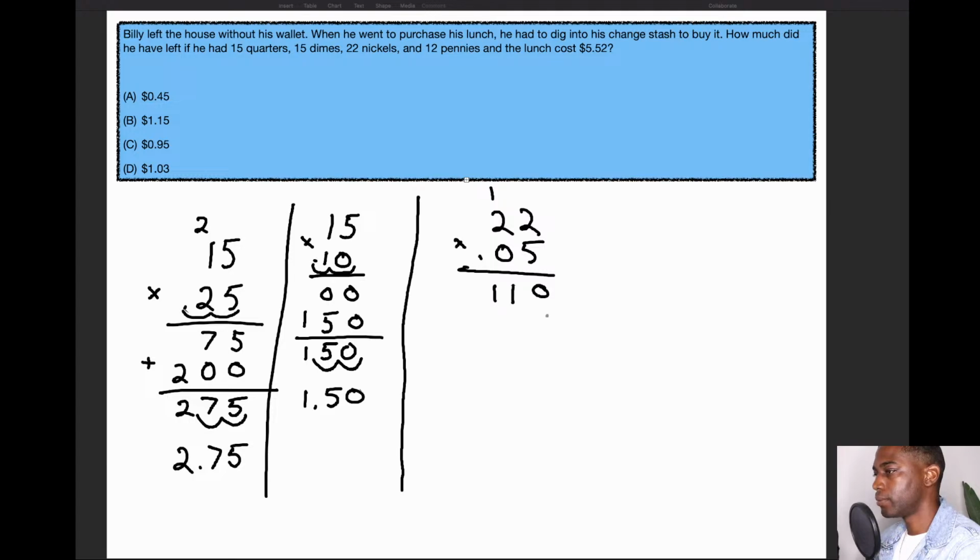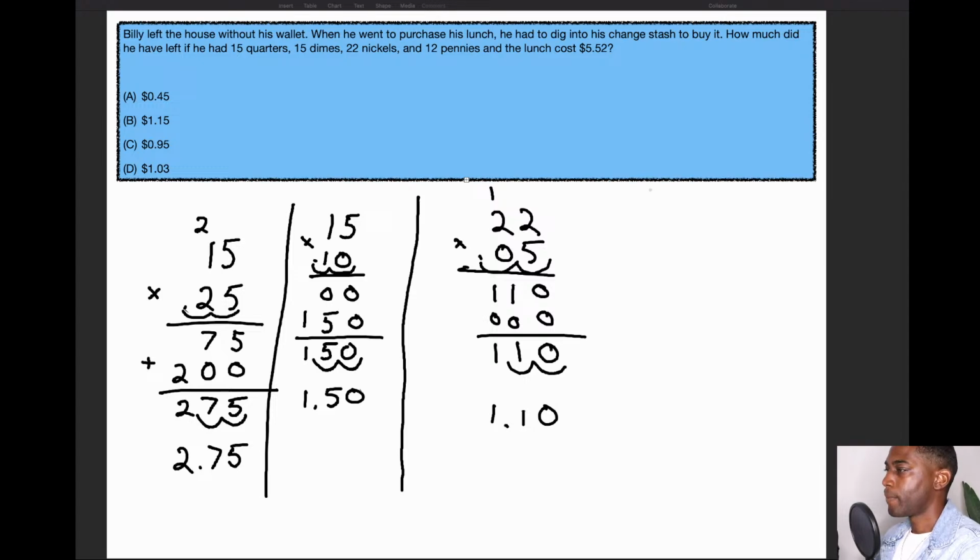Put our placeholder 0. 0 times anything is 0. Drop all this down and we get 110. Our decimal is 2 places to the left, so we move it back 2 places, giving us $1.10.